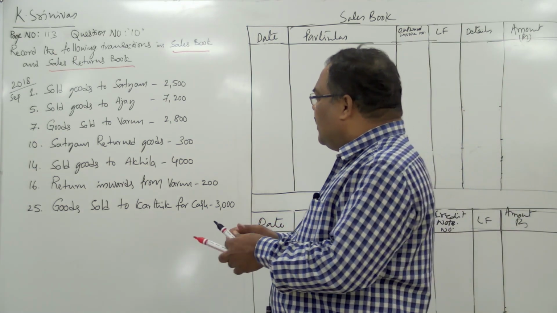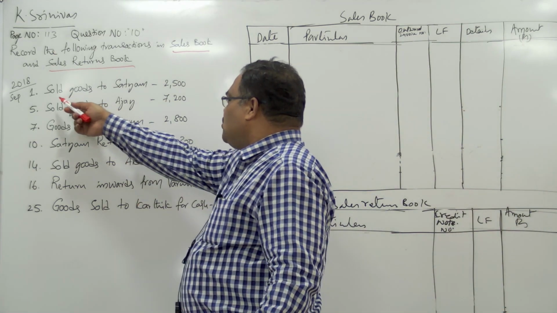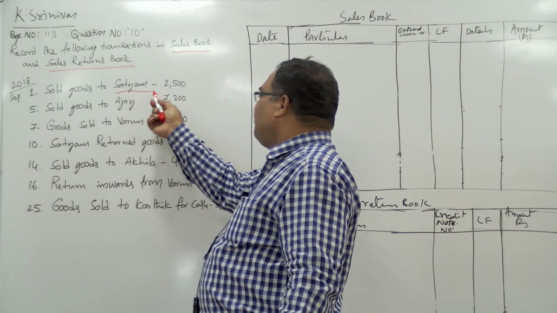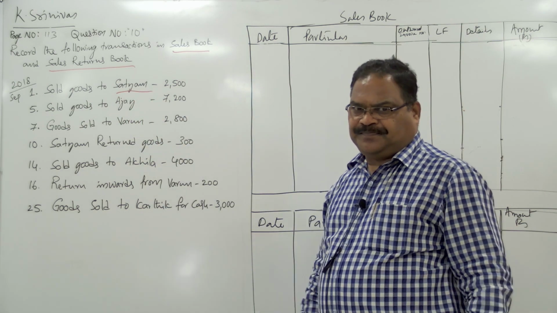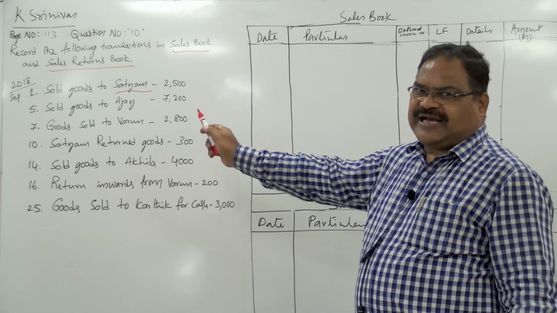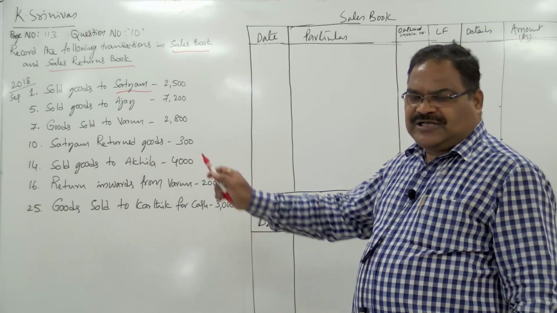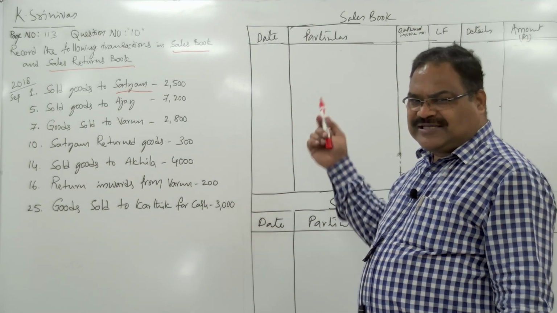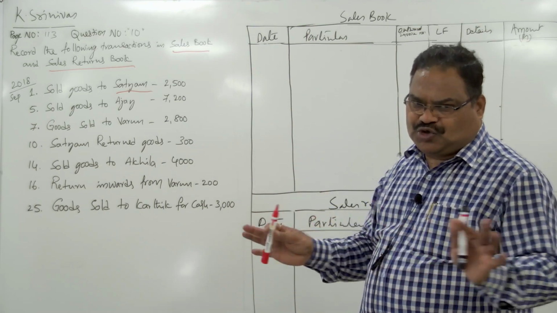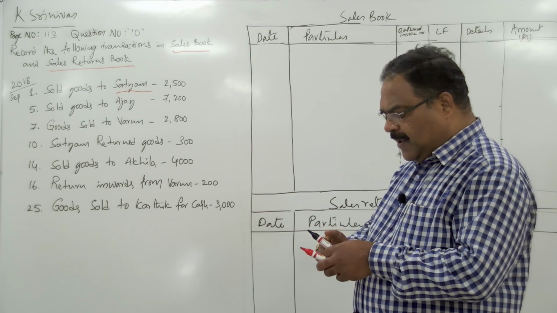Because there is no information about cash, it is a credit transaction. This transaction should be taken into the sales book directly. We have no issues. Okay?